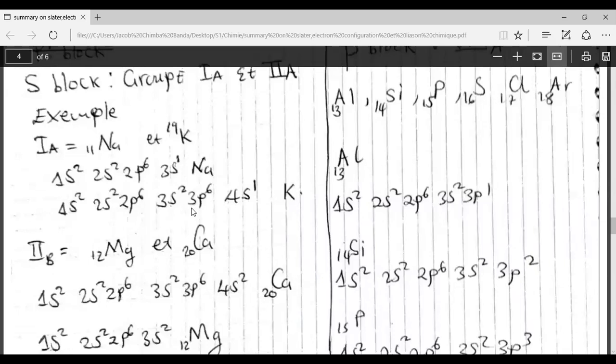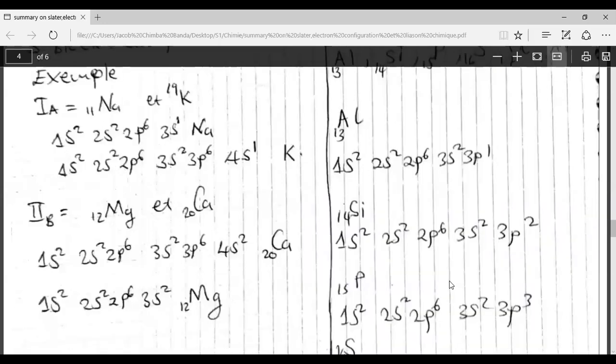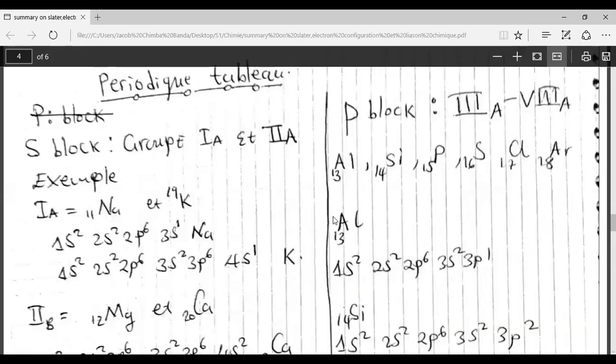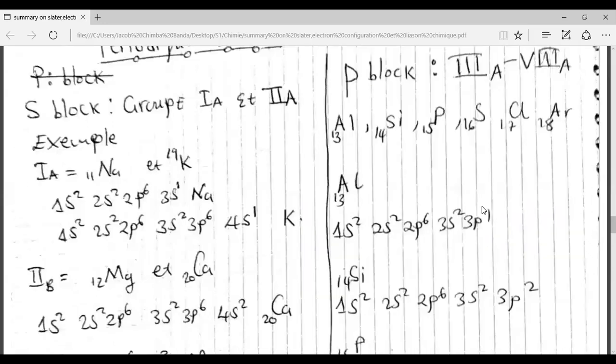Then P block, I got different from group 3 to group 8. Group 3, 4, 5, 6, 7, 8. And you see that all of them end in P. For aluminum, which is in group 3, which has a proton number of 13, you see that it ends in P1. For silicon, it ends in P2.